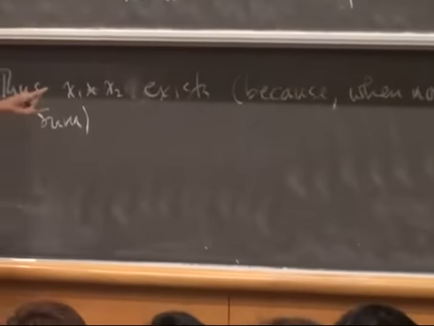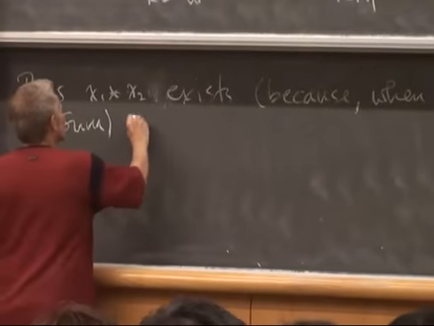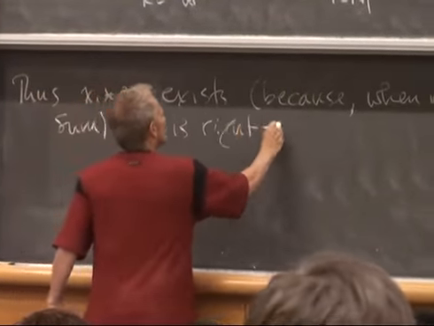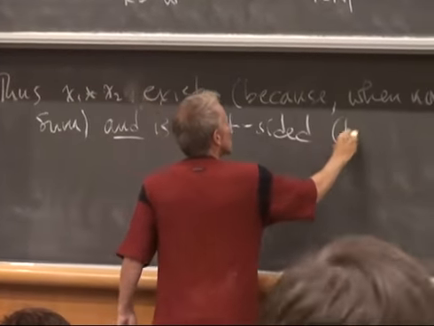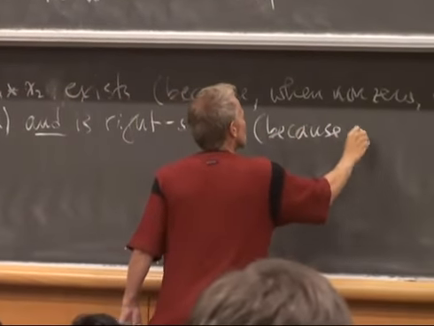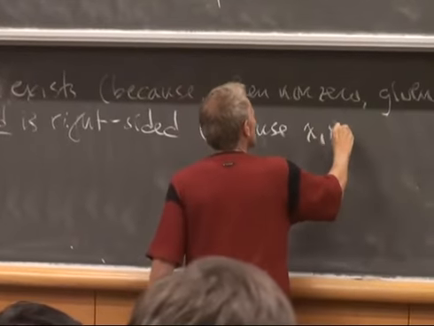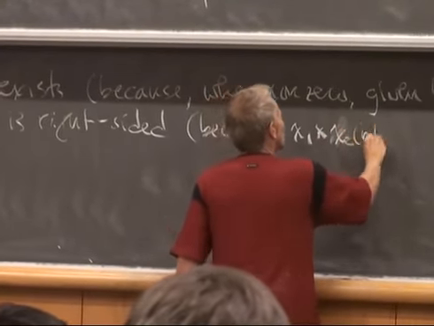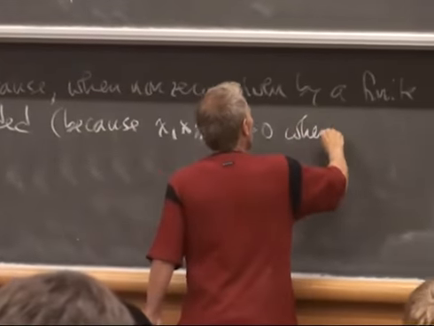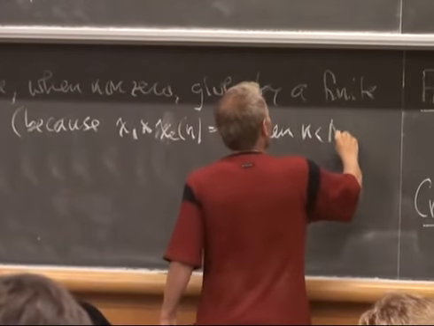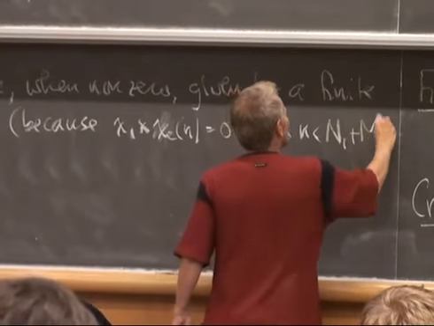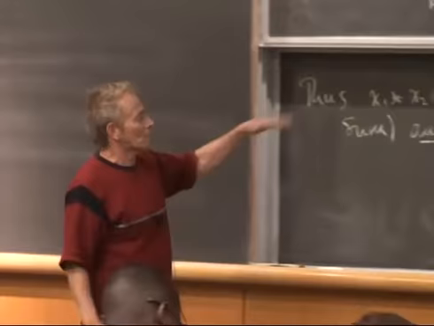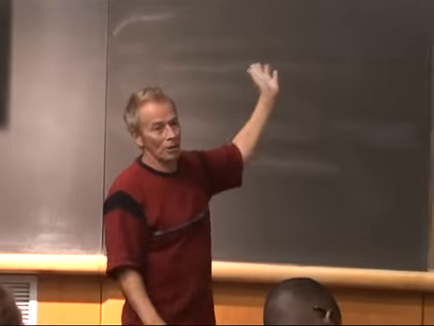Namely that top term there, and is right-sided. Because x1 convolved with x2 of n is 0 when n is less than n1 plus m1. And that proves the result. And a similar argument works for left-sided.